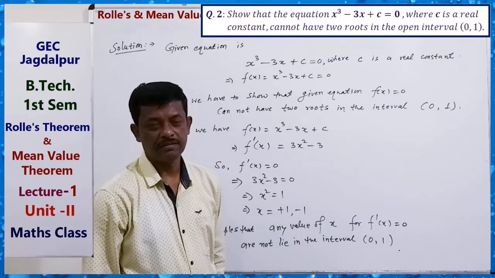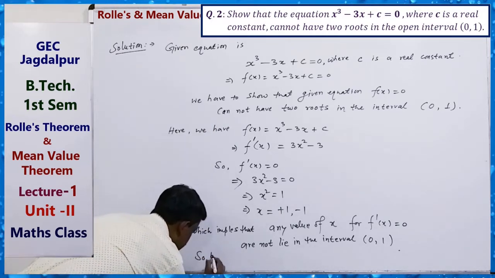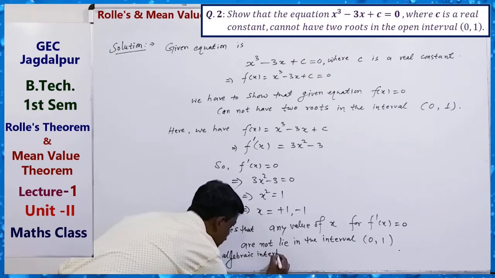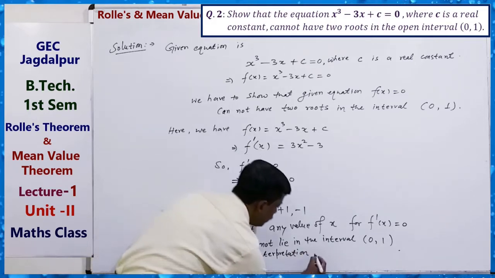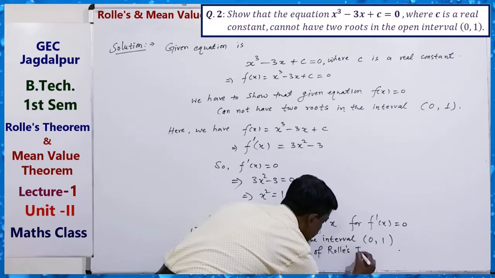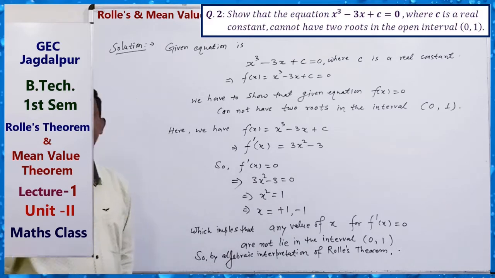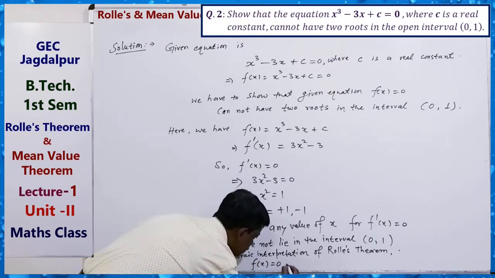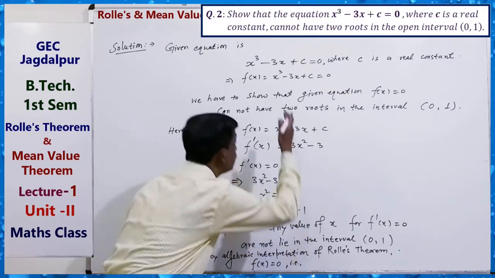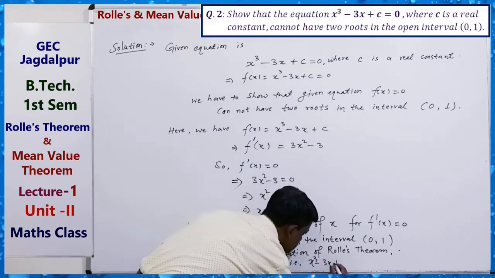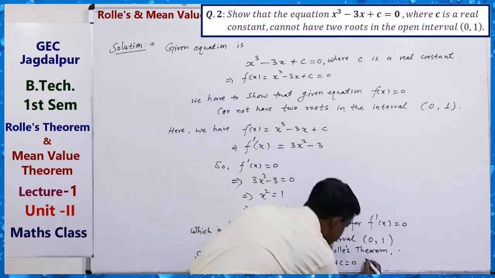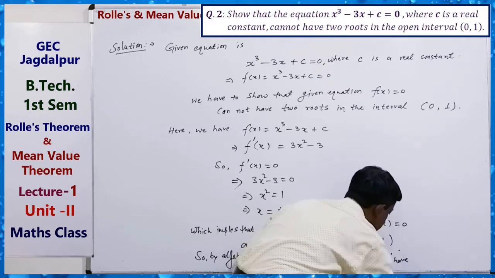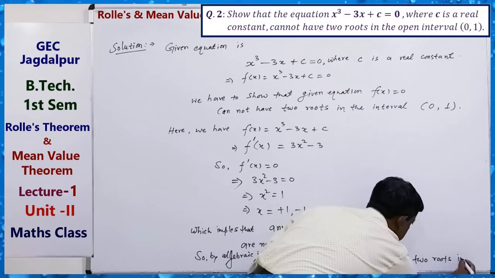That means, by the algebraic interpretation of Rolle's theorem, the given equation x³ − 3x + c = 0 cannot have two roots in (0, 1).